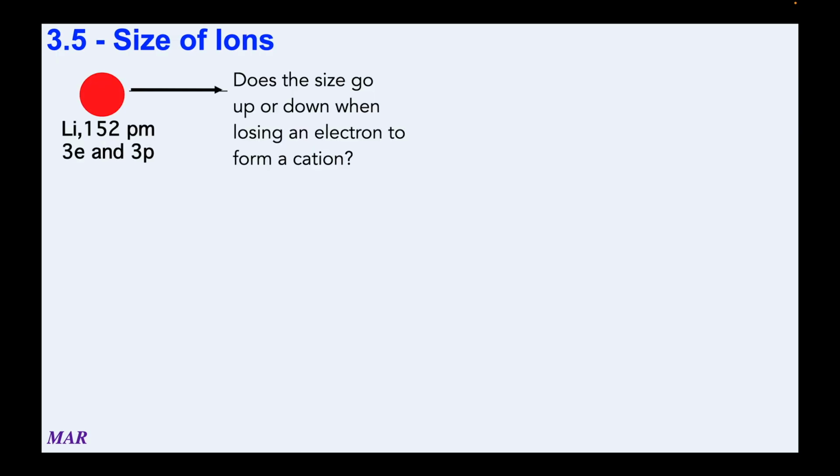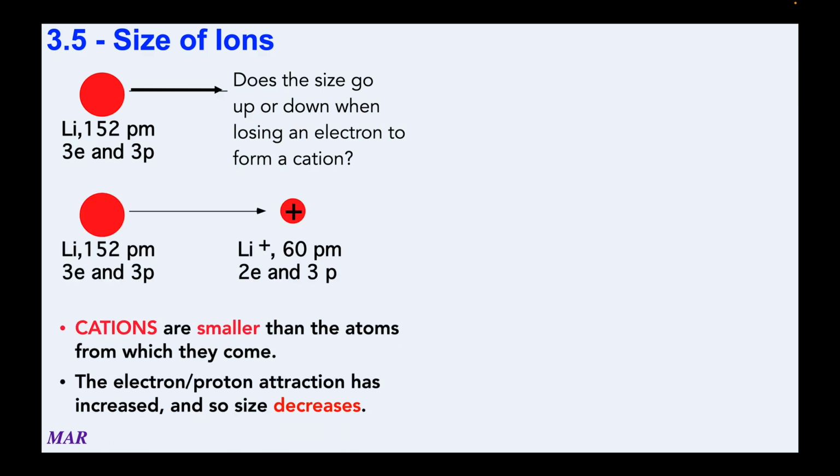Now, when it comes to ions, we have to distinguish here between cations, positive ions, and anions, negative ions. So if lithium goes to lithium plus, it loses an electron. And lithium plus has 2 electrons and 3 protons. So the protons are able to hold on to those 2 electrons a lot better than if you have 3 protons and 3 electrons.